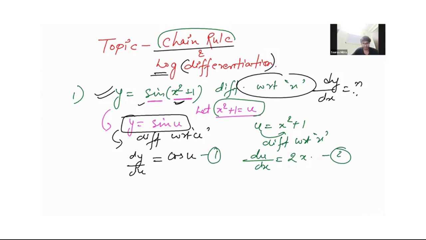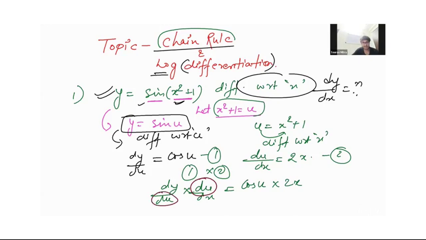Now we will multiply both these equations. If we multiply dy by du into du by dx, what do we get? Cos u into 2x. Now see here, du and du are getting cancelled, but we will not show the cancellation, because they are functions, not numbers, but it clearly represents dy by dx.